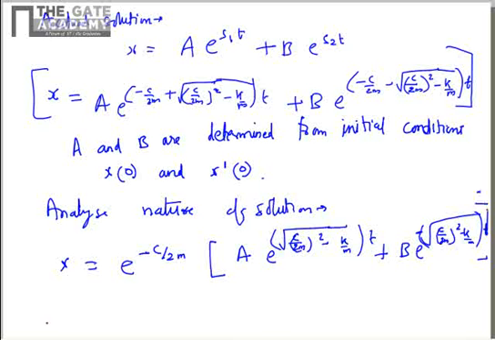So what is the nature of the solution? Since c is positive, the damping is positive. Damping cannot be negative because F damping is equal to c x dash.